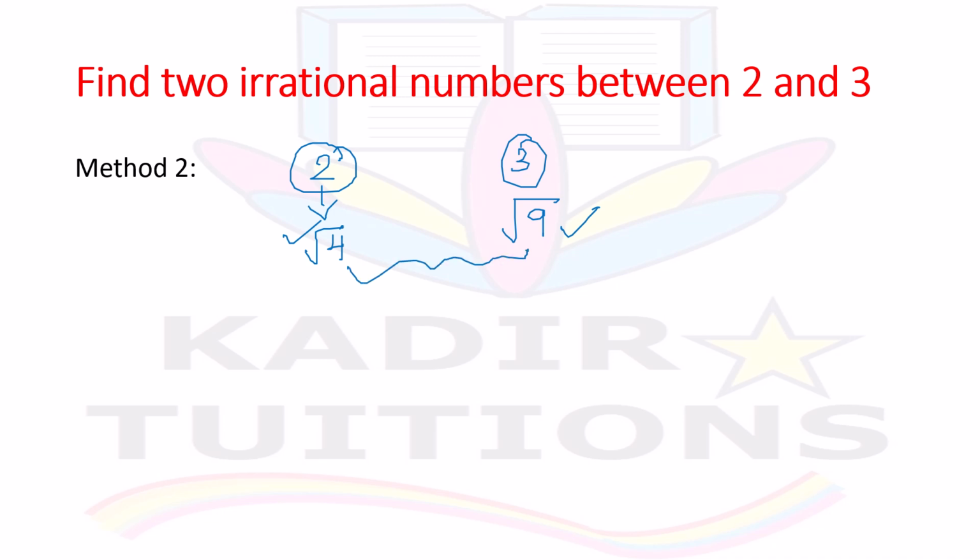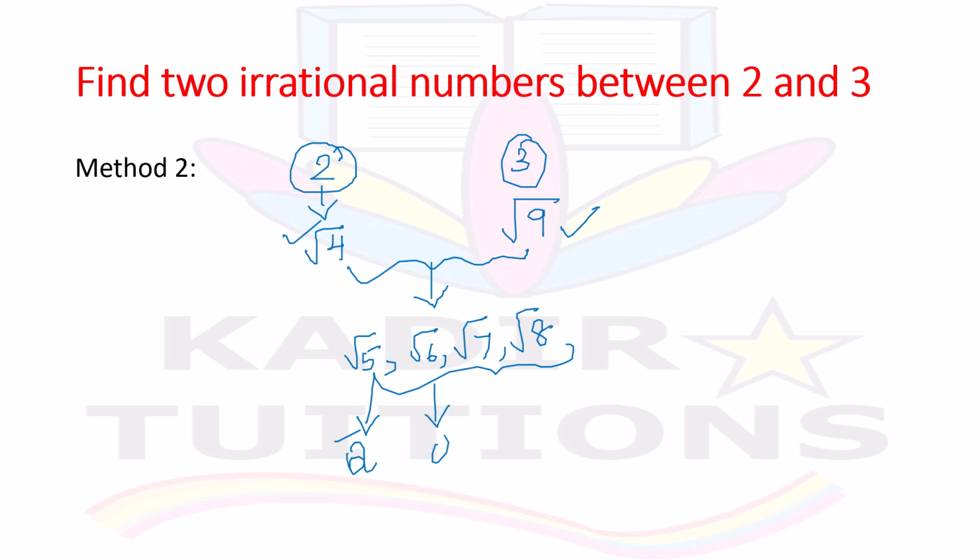Between root 4 and root 9, can I write root 5, root 6, root 7 and root 8? Yes. Root 5 is an irrational number. Root 6 is also irrational. Root 7 is irrational, as well as root 8. So pick any two among these four. Those are the two irrational numbers between the rational numbers 2 and 3.